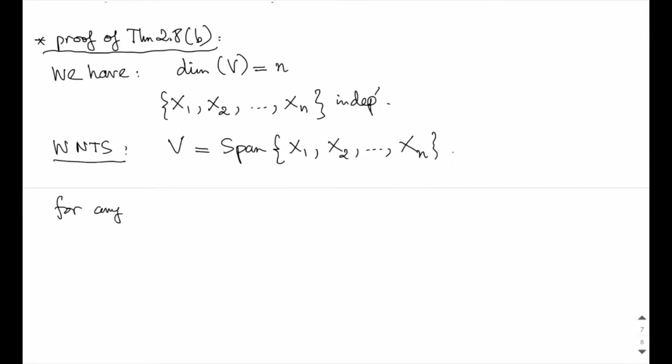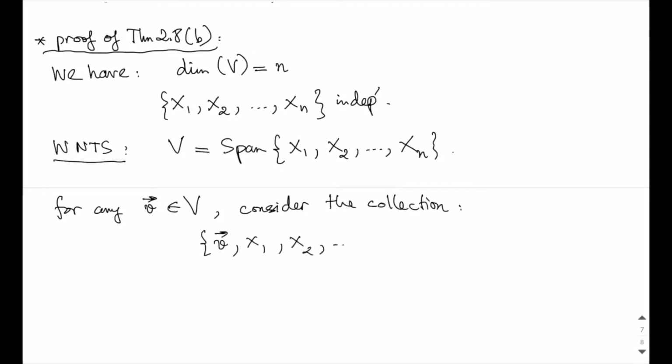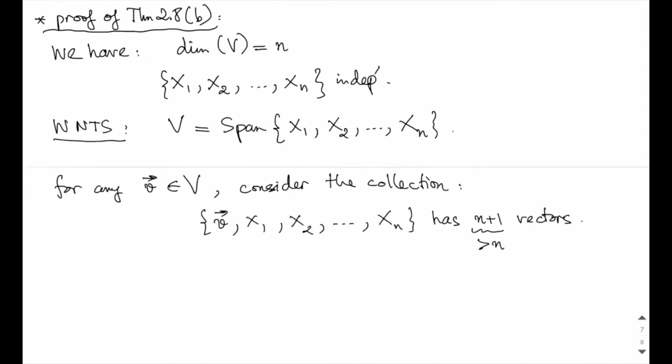For any vector v in V, consider the collection v, x1, x2, ..., xn. This collection has n plus 1 vectors. And of course, n plus 1 is greater than n. Because V has dimension n, that means V can be spanned by some n vectors.